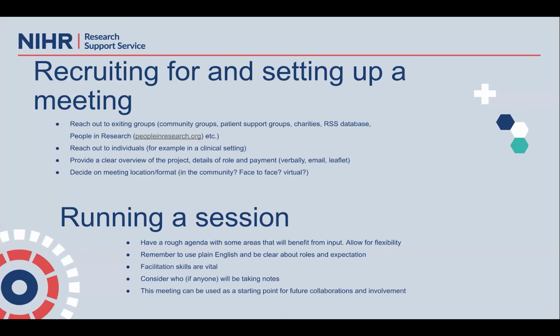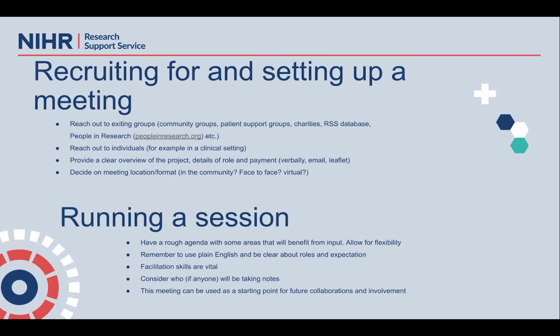Okay, so in terms of some of the practicalities of patient and public involvement, one of the first things that you're going to need to think about, and this is in the grant development stage, so the stage that we're talking about today when you're thinking about putting your application together, is recruiting for and setting up a meeting. So meetings don't have to be group meetings.